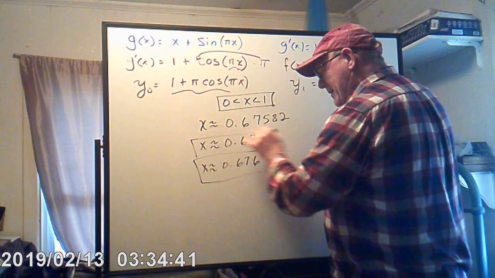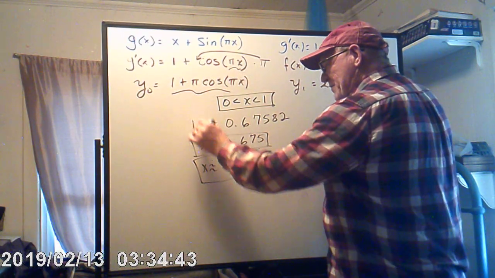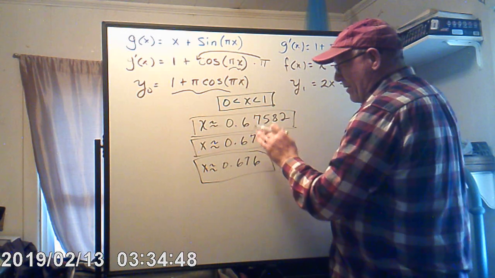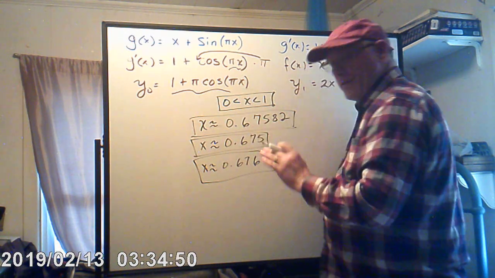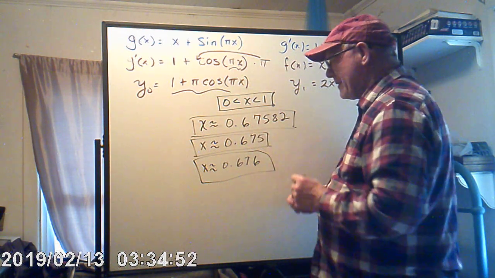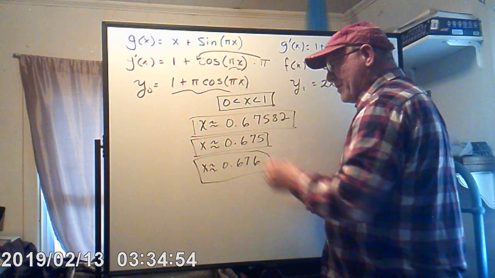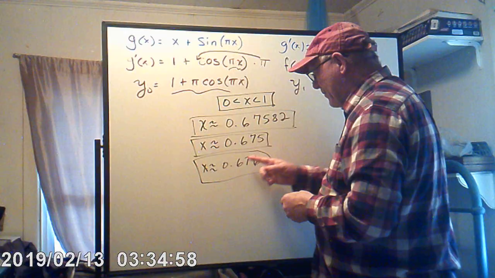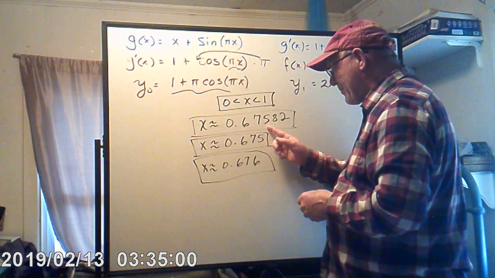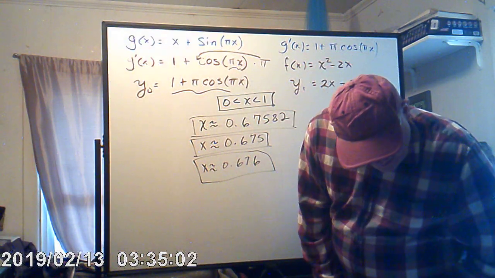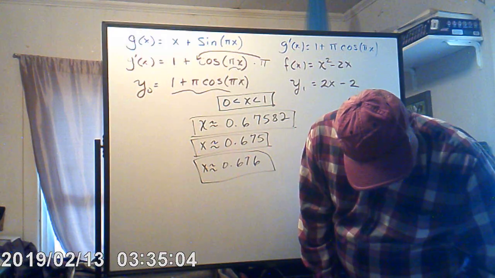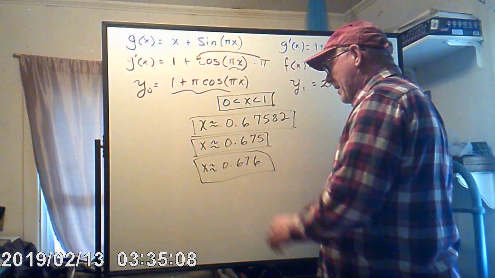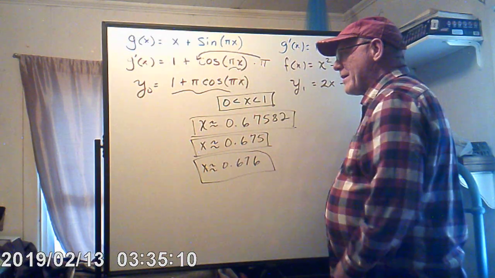All 3 of these are good enough. You could leave it like this, as long as you don't go just 2 decimal places or 1 decimal place. You can't say 0.7, but this is what they're looking for here. All right, 67582, and that's what I'm getting. 67582. Alright, there it is, right there.